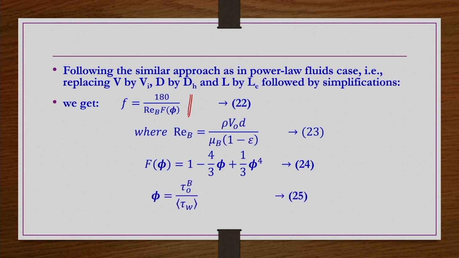Okay. Phi is nothing but tau naught B by tau W, as we have already seen. So, that is all about the streamline flow of a power law or Bingham plastic fluid flowing through a packed bed.